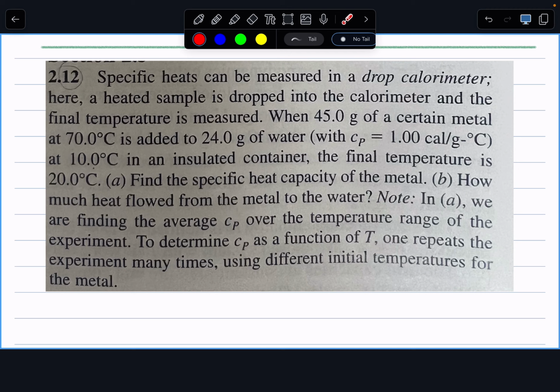That's how scientists set up experiments to find that relationship. The second part of the question is very straightforward. It's just asking about the heat being transferred, so that's effectively a numeric answer you can solve here.